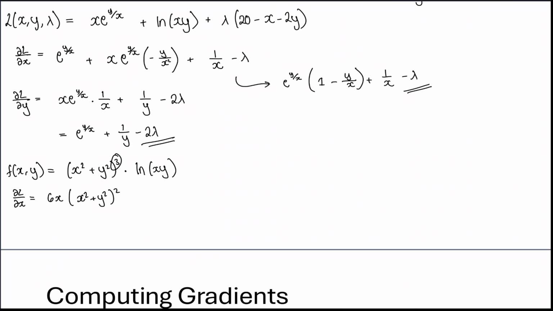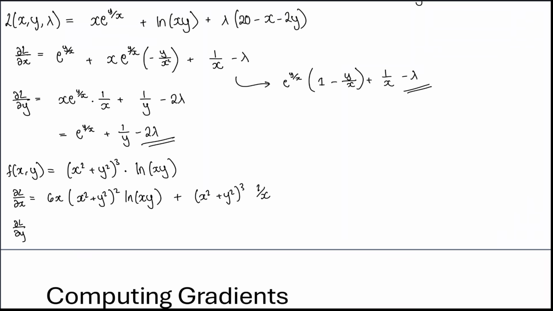When I drop down the power, we get 3. And then we need to differentiate what's inside. We're treating y squared as a constant, so we're just differentiating the x squared, which will be 2x. So 3 times 2x will be 6x. And then we're just going to multiply ln xy onto here. Then because we're using product rule, we do plus x squared plus y squared to the power of 3, times this differentiated, which is just 1 over x.